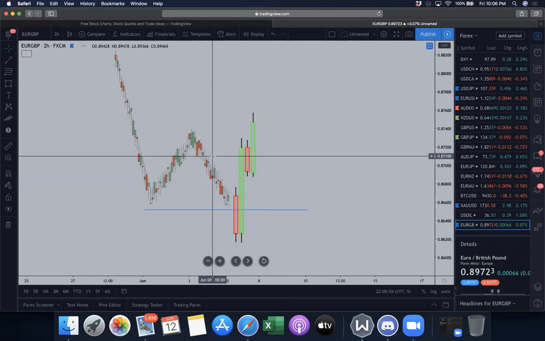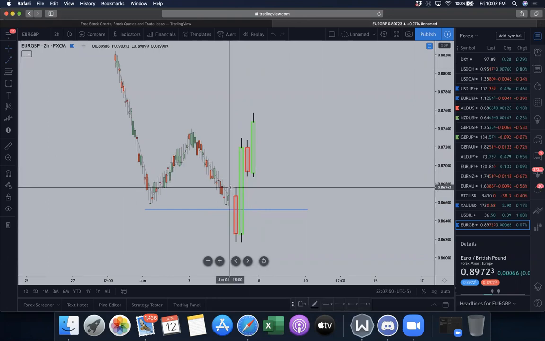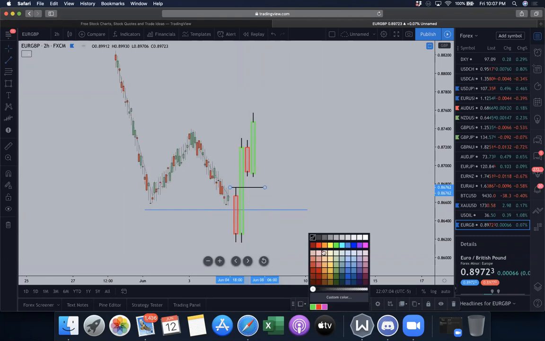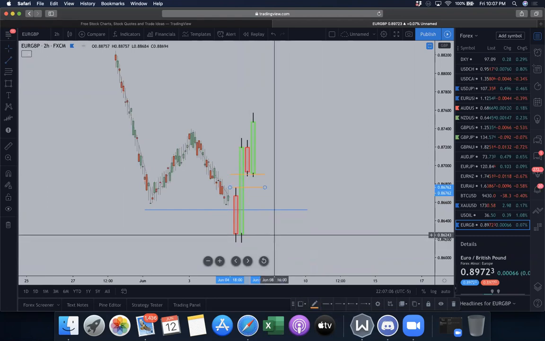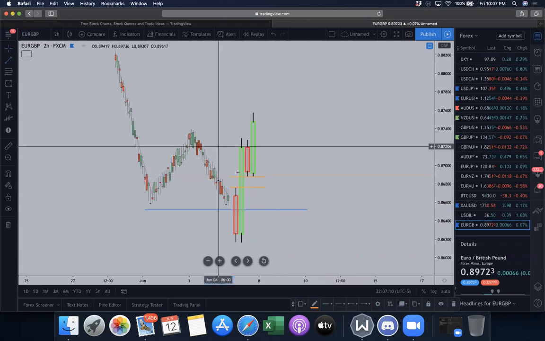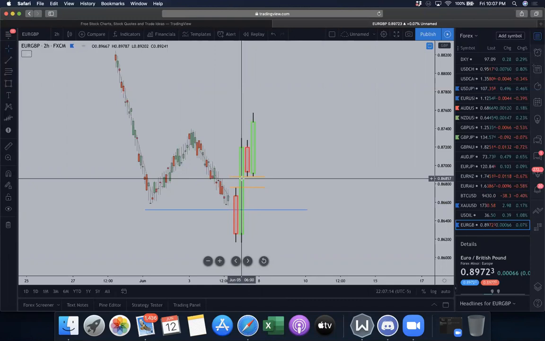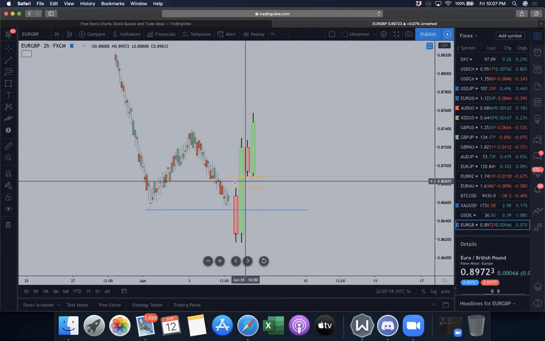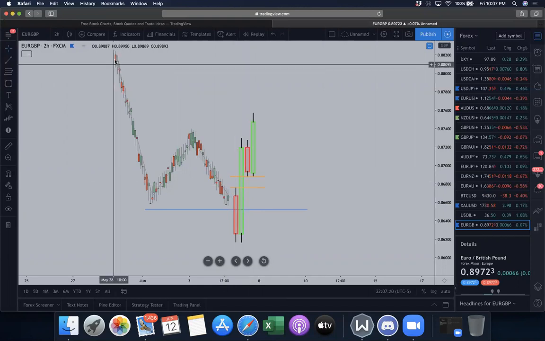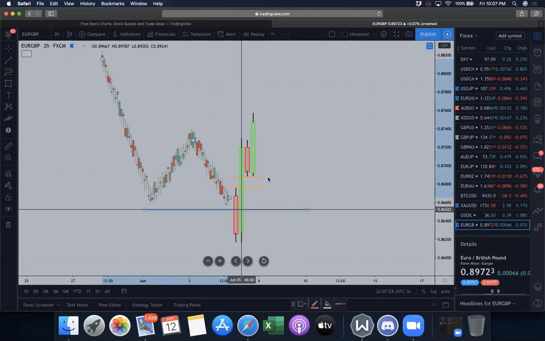All right, so if we see something like this, the gap right here from the wick on the left, let's make it orange, to the wick on the right, you see this gap in price. That's what we talk about when we say liquidity void or imbalance. It's this gap in price down here that should get filled in. So what we want to look for is price to fill that in.